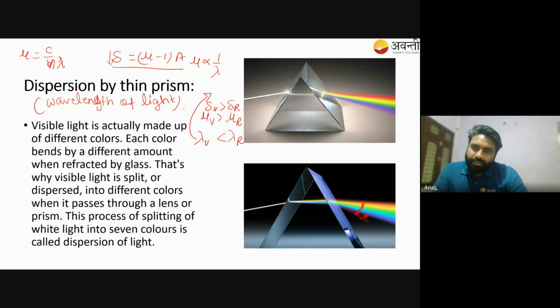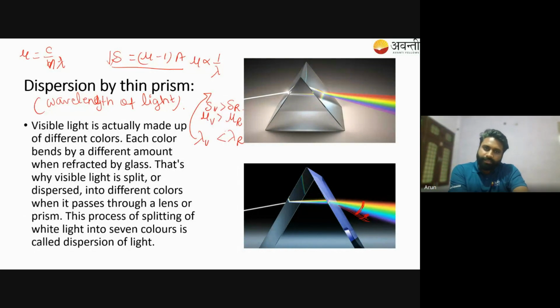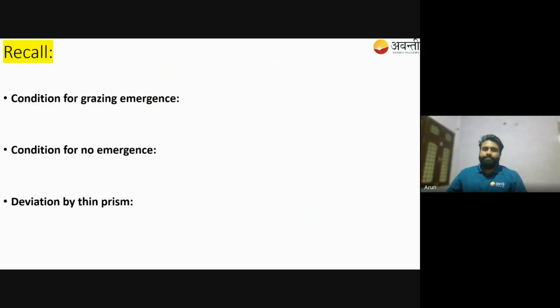That is why the color of brake lights in any vehicle is kept red, and the stop signal in a traffic light is red, so that it is visible from far away. Okay, got it? So this is the dispersion that we have learned.